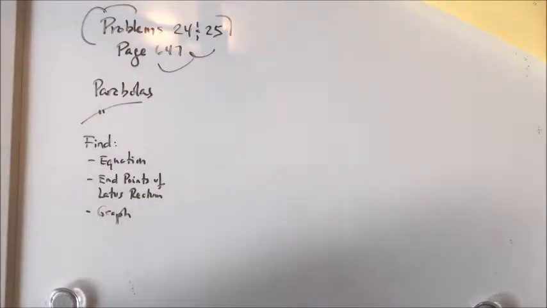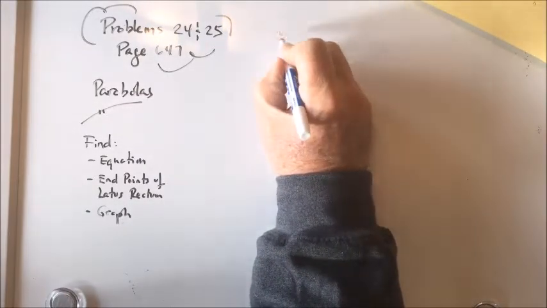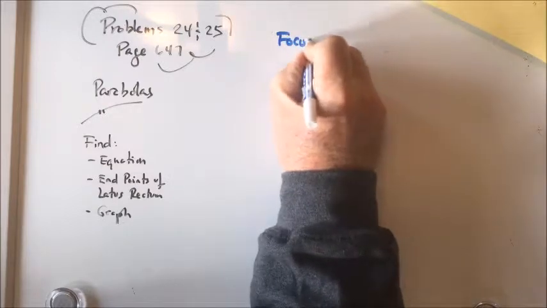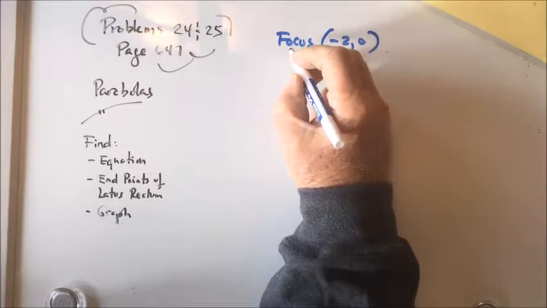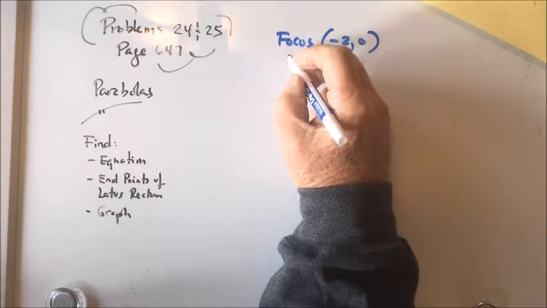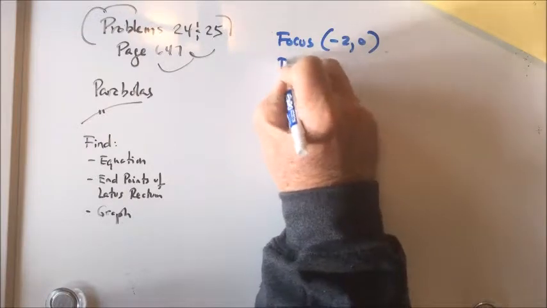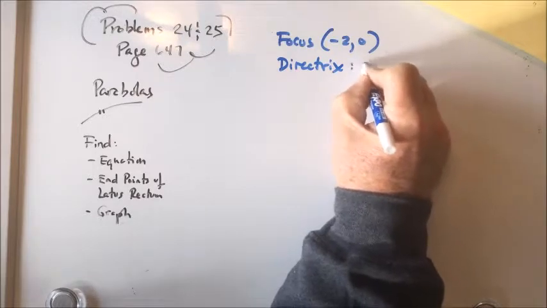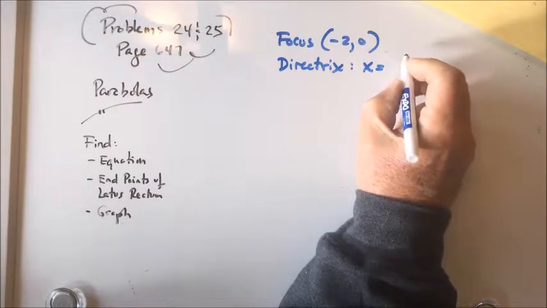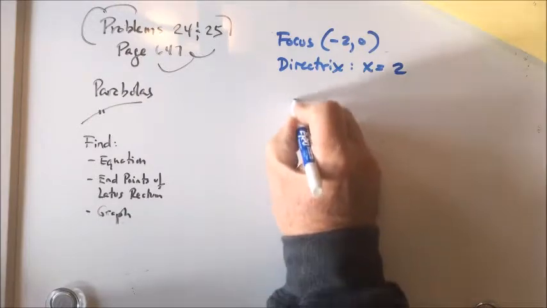And 25 says the focus is at -2, 0, and then it says the directrix is the line x equals 2. Okay, so let's do this again.